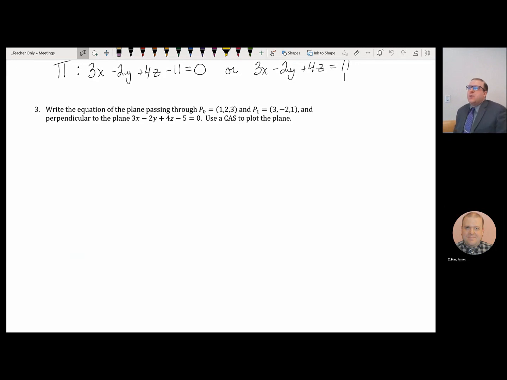How do we find a vector perpendicular to 2 vectors? Cross product. Is the order of the cross product going to matter? No. It's just going to give a 180-degree rotation, right?